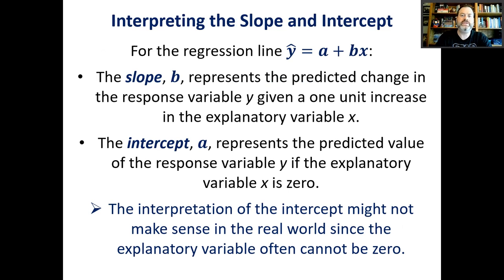So here is the fully general explanation of the slope and intercept. The slope b represents the predicted change in the response variable y given a 1 unit increase in the explanatory variable x. So this interpretation you basically have to memorize. You have some questions on the homework about this, but a lot of these are multiple choice, so you might be guessing.